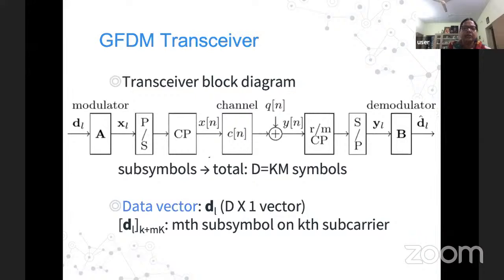So the total data symbols are actually K into M data symbols. K is my subcarrier index and M is my subsymbol index. I'll show you in another diagram exactly how it looks.